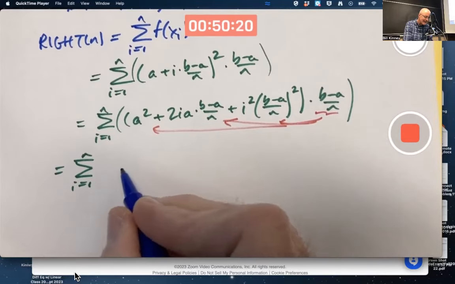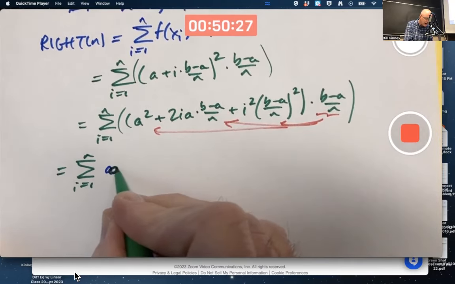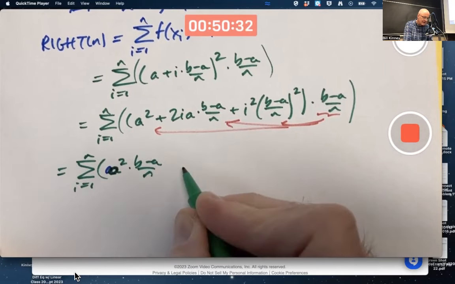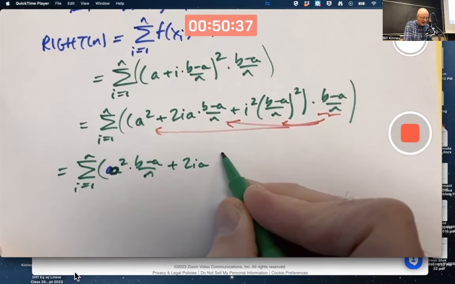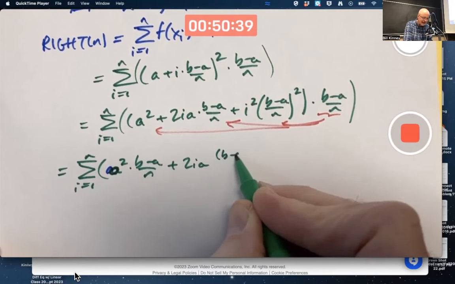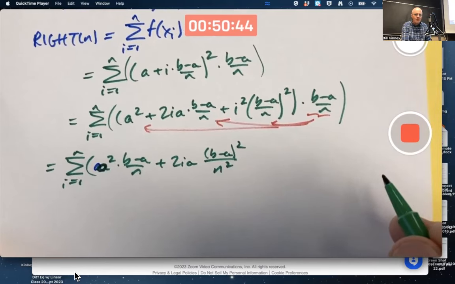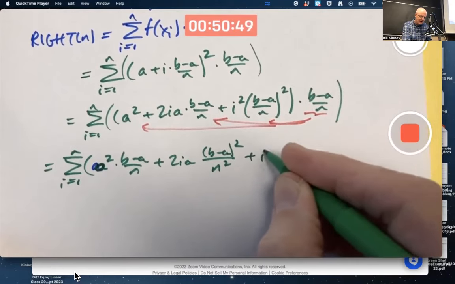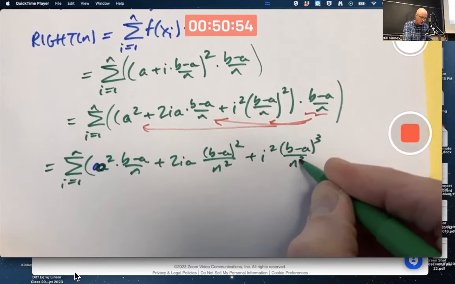So we got a squared times b minus a over n, plus 2ia times b minus a over n quantity squared. I'll write that as b minus a squared over n squared. And then times this gives me an i squared b minus a cubed over n cubed.